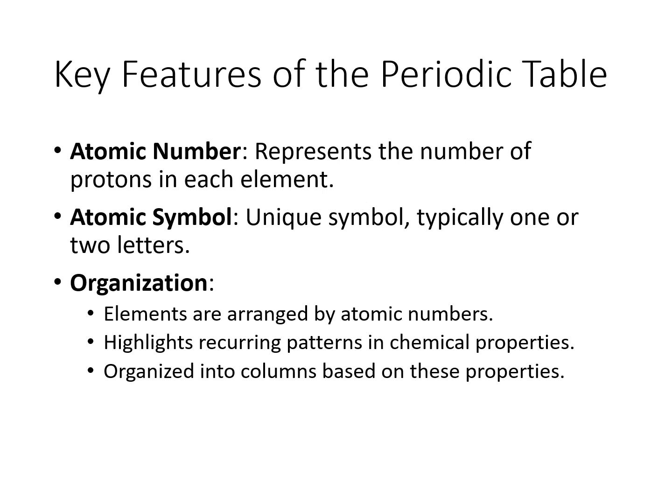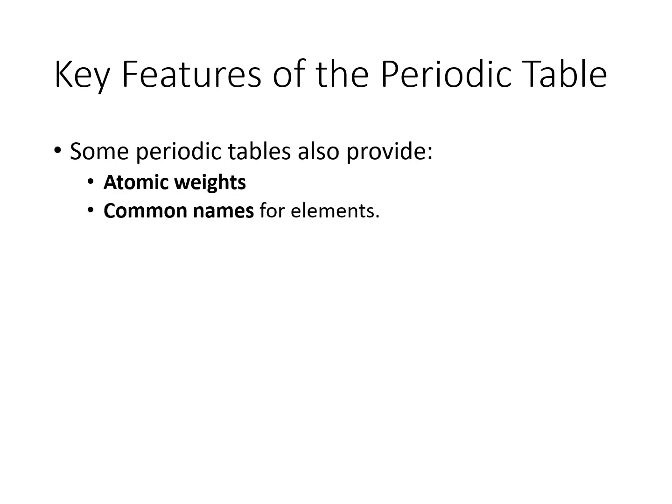These patterns help us predict how elements will behave. The table is also divided into columns, or groups, where elements share similar traits. Some versions of the periodic table even include atomic weights and common names for certain elements, making it a one-stop shop for understanding the building blocks of matter.